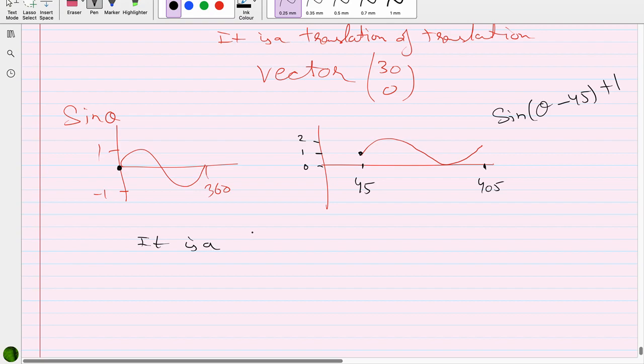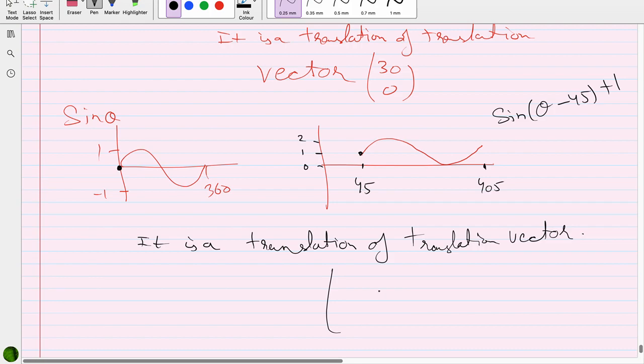So it is a translation of translation vector, what will it be? In x direction it is 45 and in y direction it is 1. 45 degrees in x and 1 unit upwards. Yes.